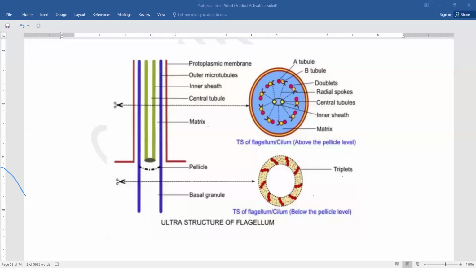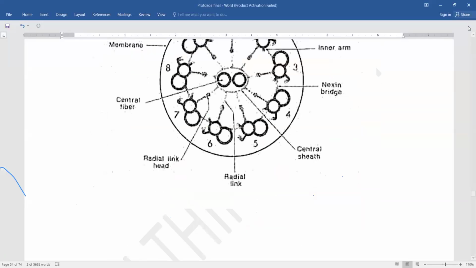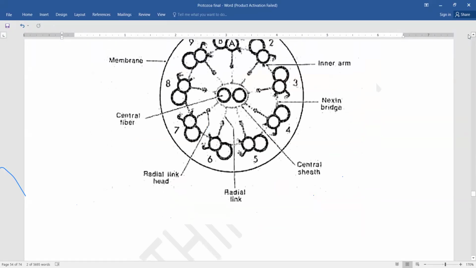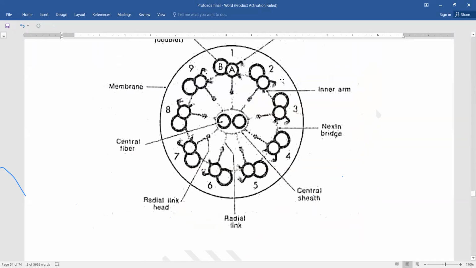These are called doublets, and each doublet contains A and B subfibers. One of the doublets contains a pair of arms. They are called dynein arms. There will be another diagram. See here. So these are the peripheral doublets.